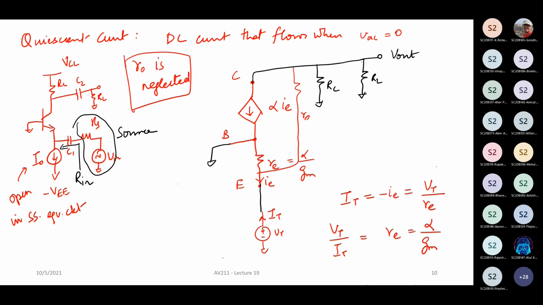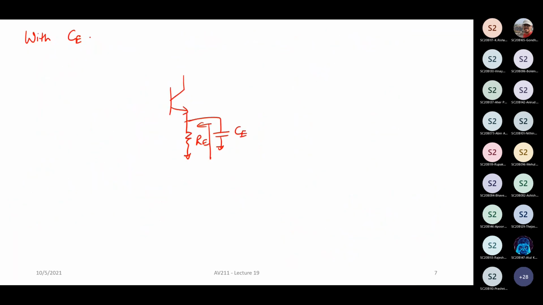As a rule, when you look at something through the emitter, its impedance is kind of RE. Now this is the common emitter amplifier, which you did in lab with the emitter degeneration, but you put a capacitor across it.